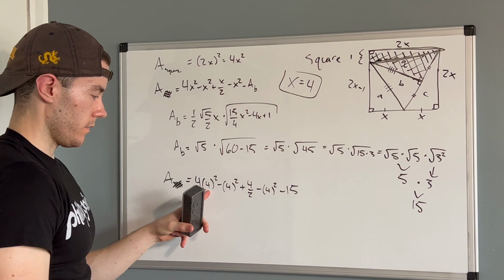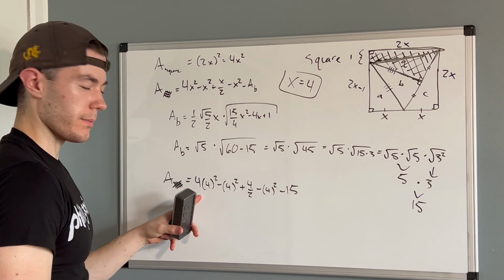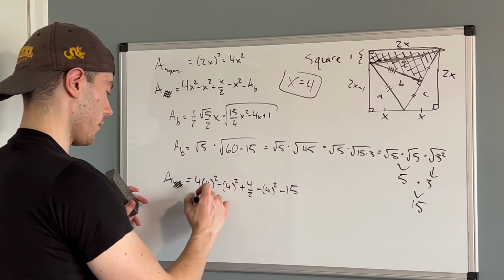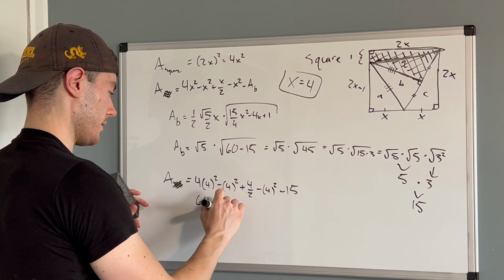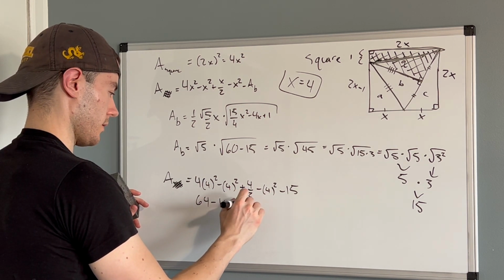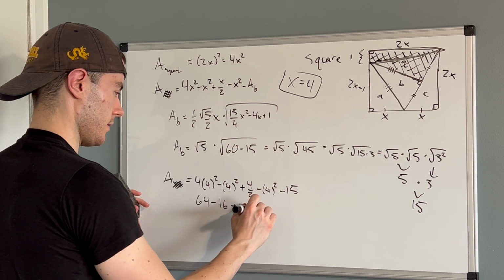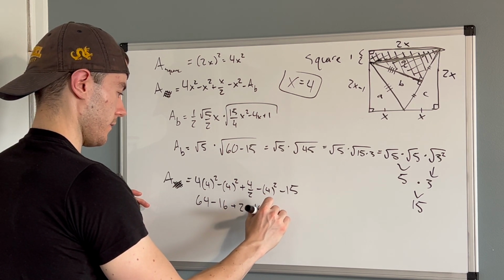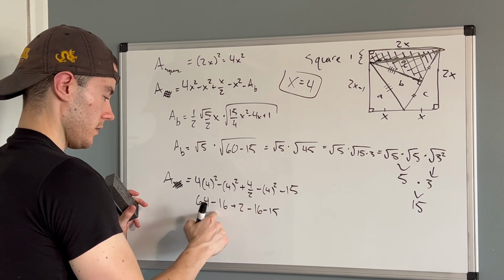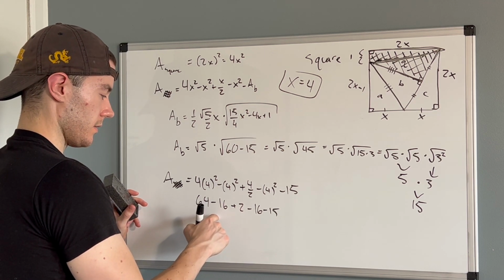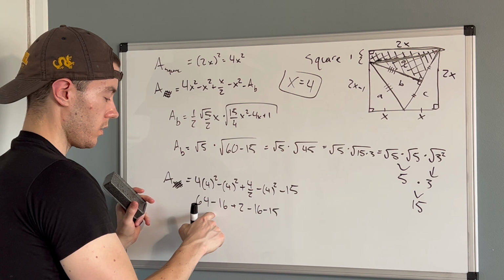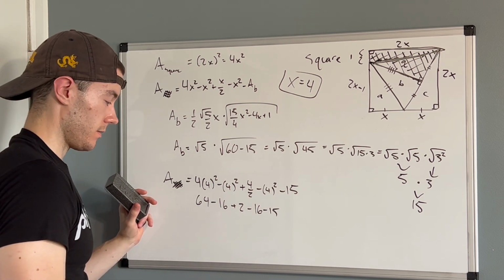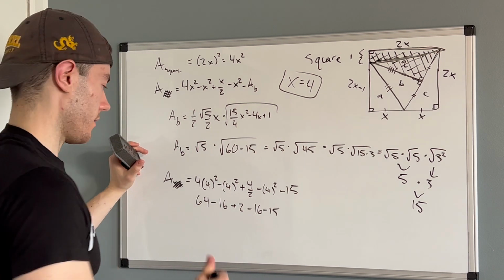Let's see. 4 squared is 16 times 4 is 64, minus 16, plus 2, minus 16, minus 15. 64 minus 16 is 48.